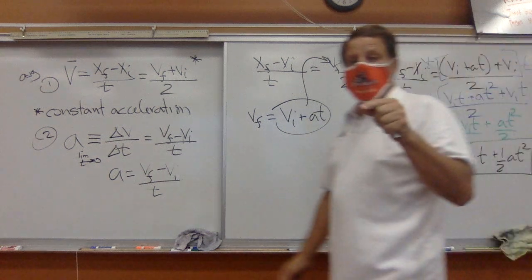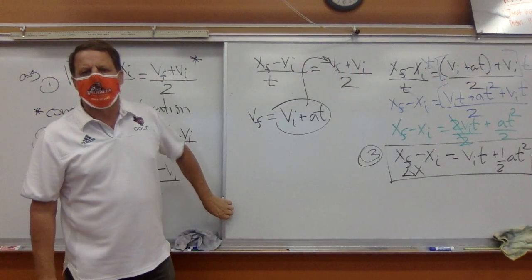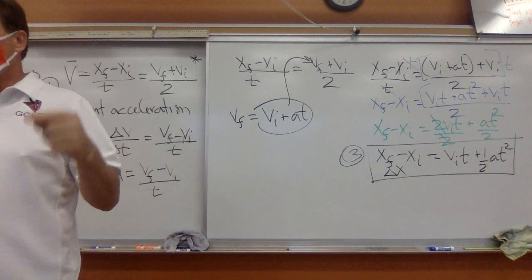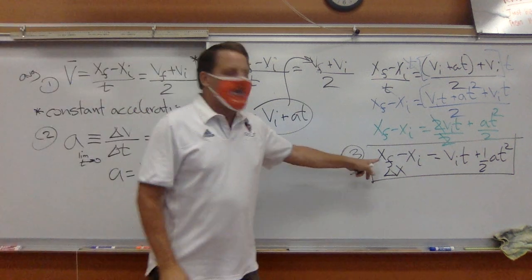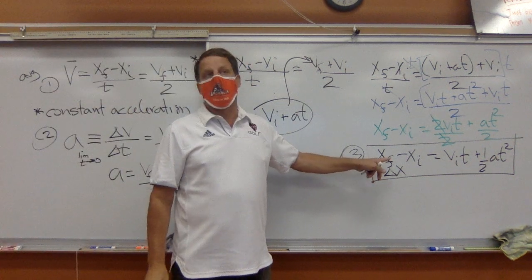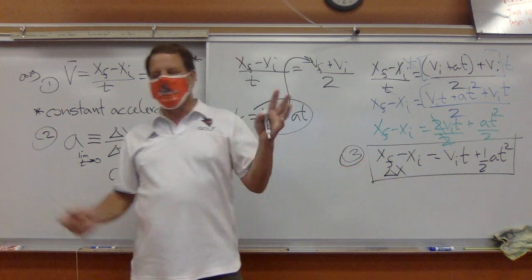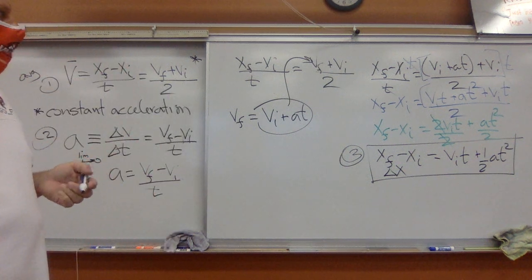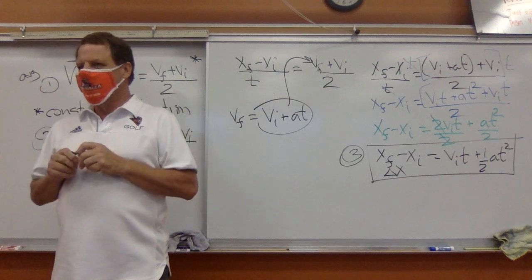And if we start where the initial position is 0, then our displacement, or change in position, is equal to that. So you might see it simplified a little more, but that is where we're at. Are you guys good with that?